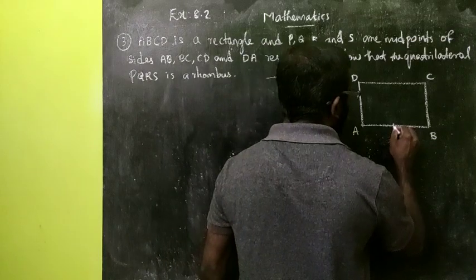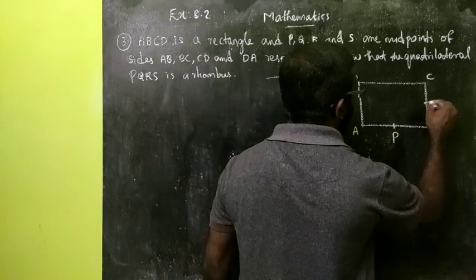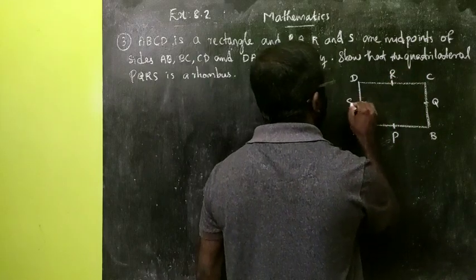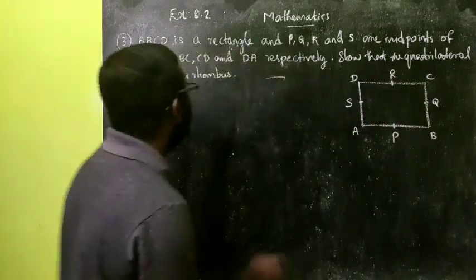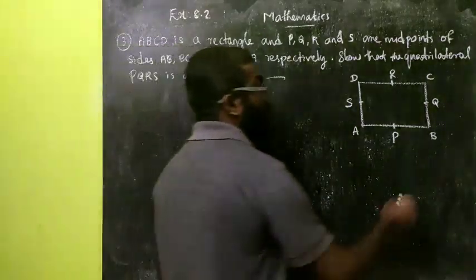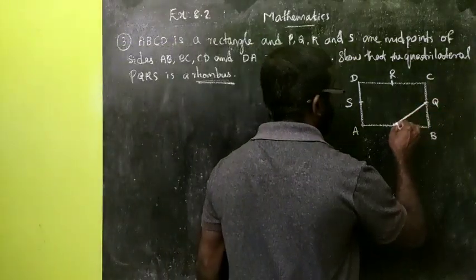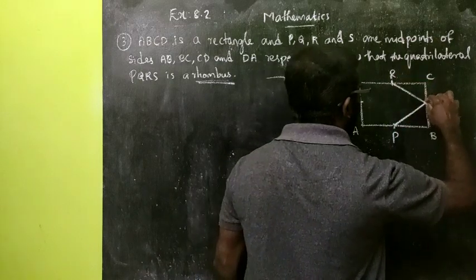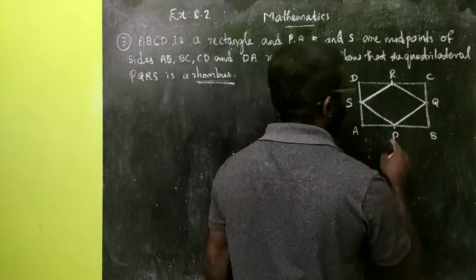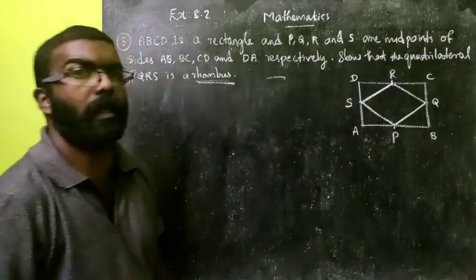So we can mark the midpoints as P, Q, R and S. Show that quadrilateral PQRS is a rhombus. Okay, so we can join these points. We have to prove this quadrilateral PQRS is a rhombus.